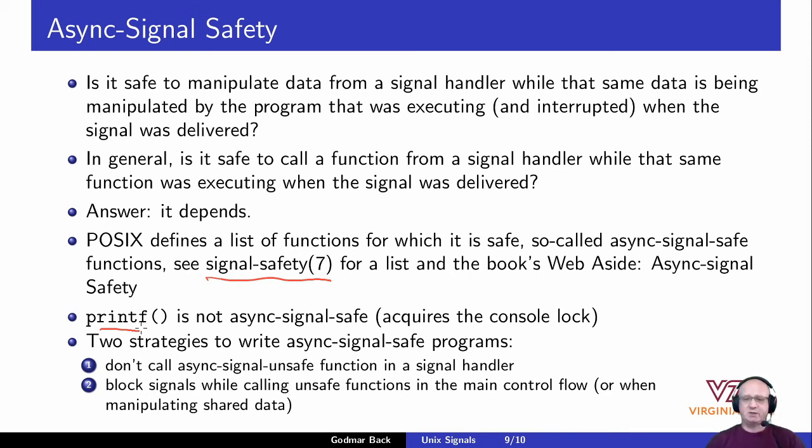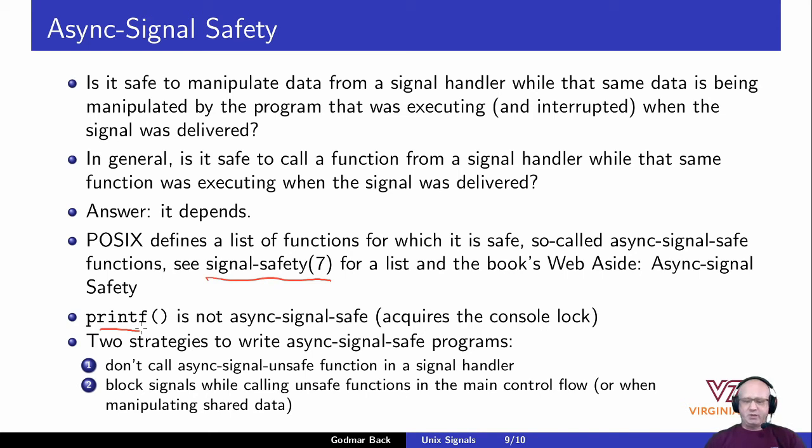We'll talk about threads later, but even though our programs so far do not use threads, they still acquire the console lock. If the console lock is held and then the signal handler calls printf, it will try to acquire the console lock again, and that's not possible. You cannot acquire a lock that you already hold. So printf is, interestingly, not async signal safe.